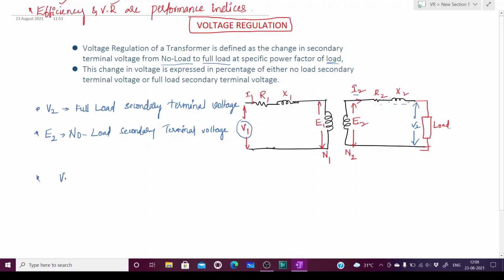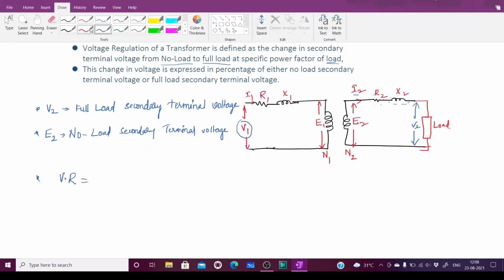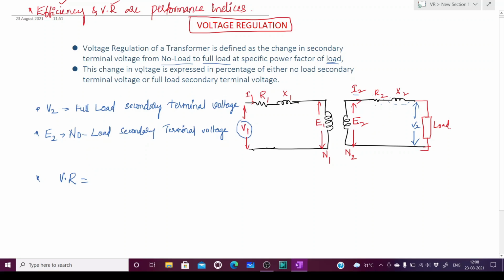I am writing voltage regulation as a mathematical expression. The statement is change in secondary terminal voltage, and change means difference, from no load, which is E2, to full load, which is V2, at a specific power factor of the load.